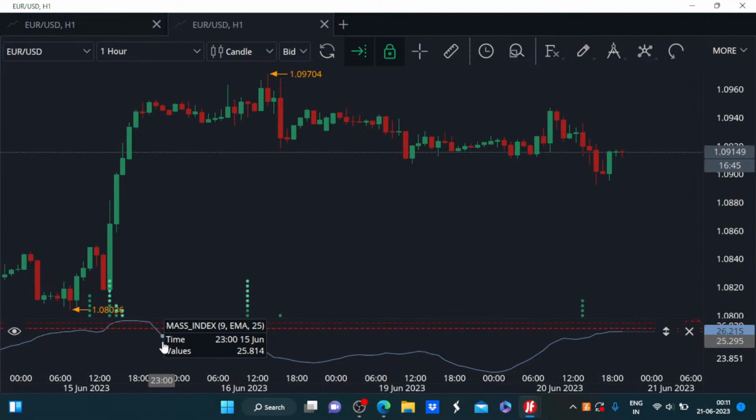We watch the output value of this indicator. If we see the output cross above 27, and afterwards the price move drops below the 27 level and remains below that level for a good amount of time.